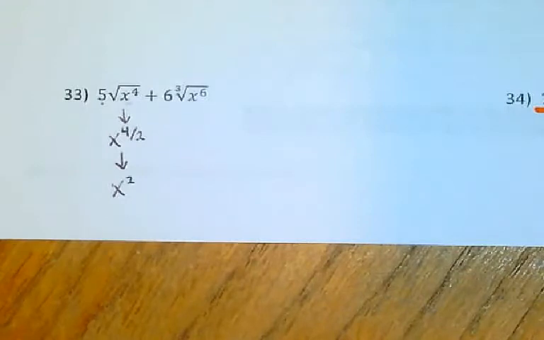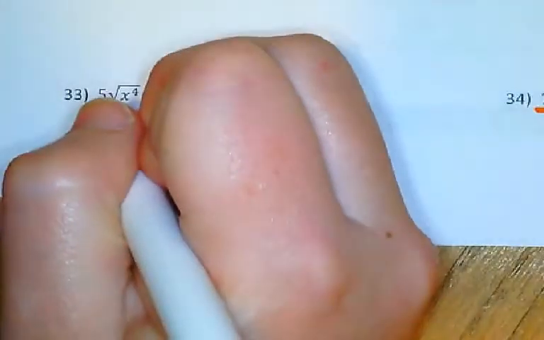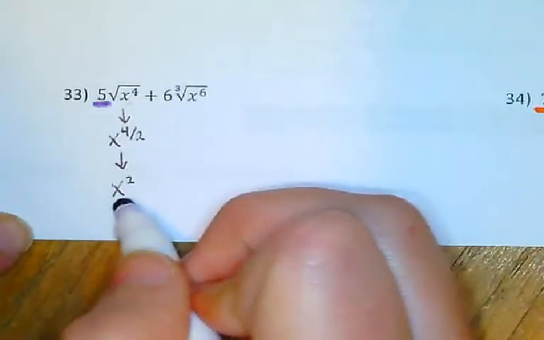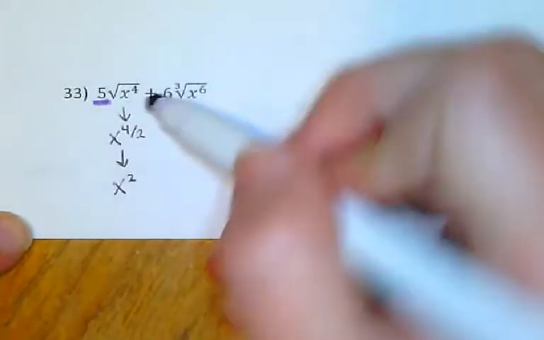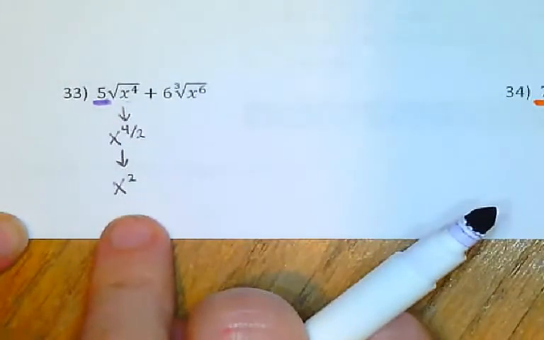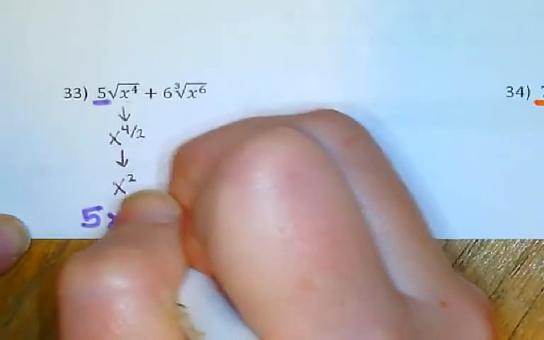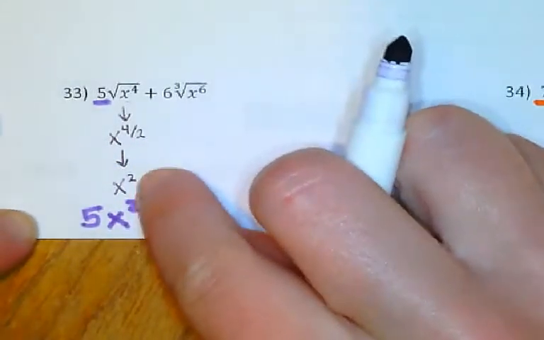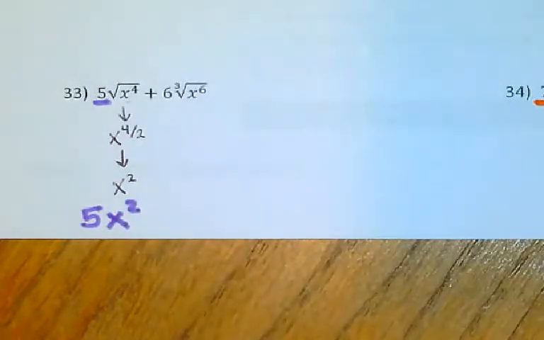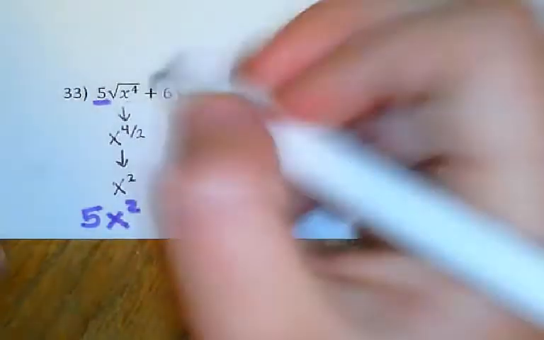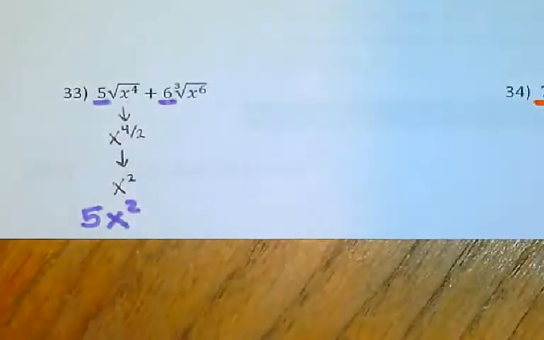I'm going to go ahead and write that down here. This 5 is already all by itself. And this square root of x to the 4th, we simplified down to x squared. So this is really just 5x squared. There were no leftovers, no remainders, so that's why we don't have a radical sign. Same thing on this other one, we've got this 6 all by itself.